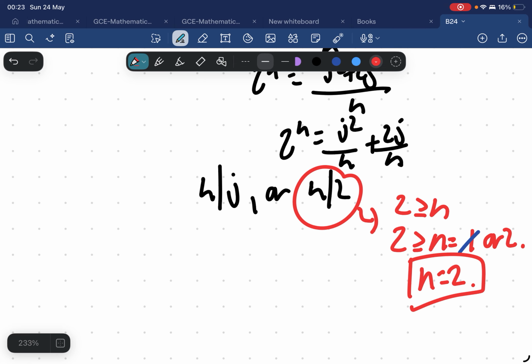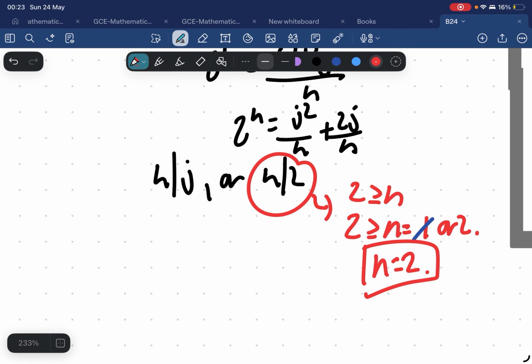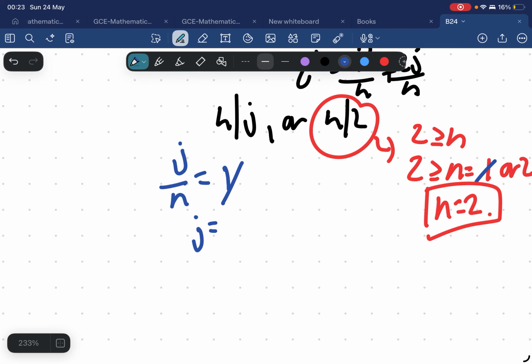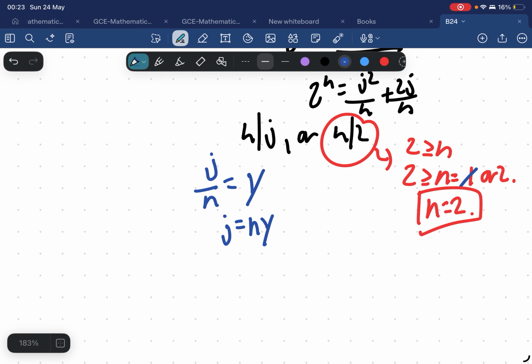Or j divides n. So if j divides n, is equal to n, not n, it's a bit weird. So we have j is equal to n gamma, I guess.